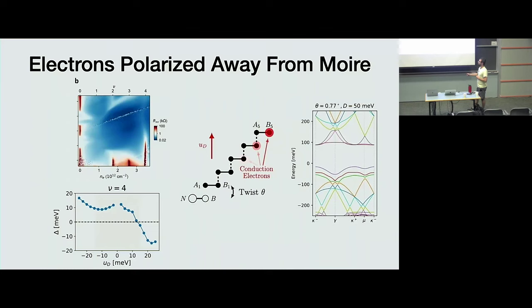So we see at large and negative displacement fields correlated insulator, and at large and positive displacement fields a metal. And in the middle we have systematic effects, so ignore the gray region. It was actually by these calculations that we know we got the orientation right. It was a question for a while, maybe we just got the sign of the displacement wrong, but it really works out like this.